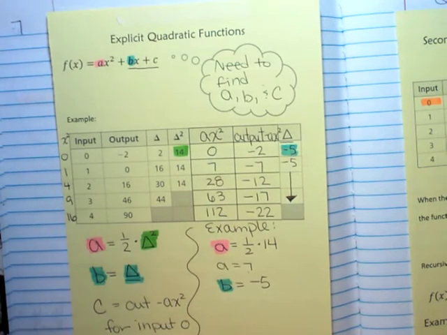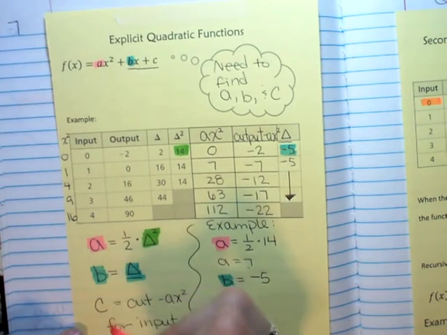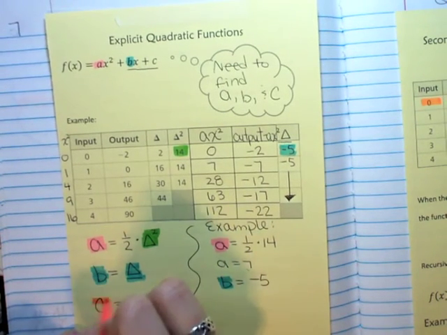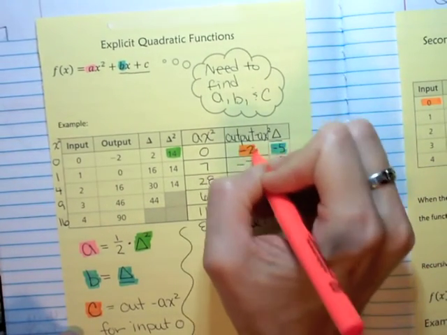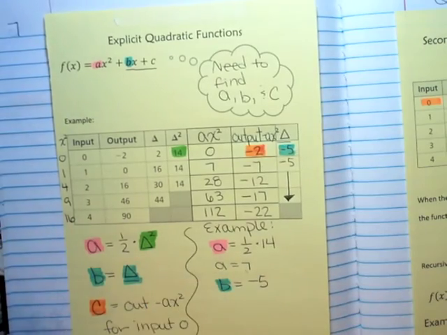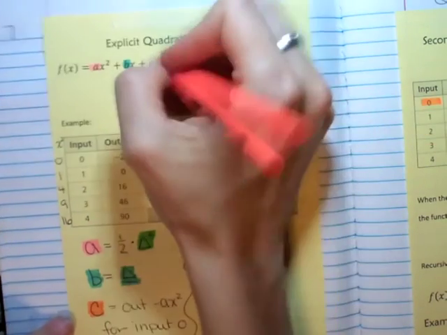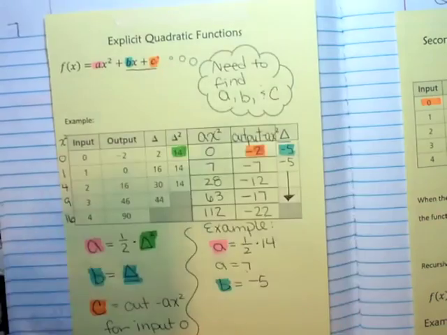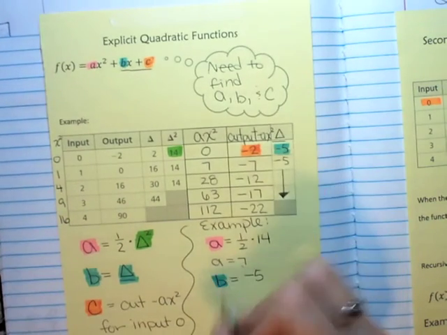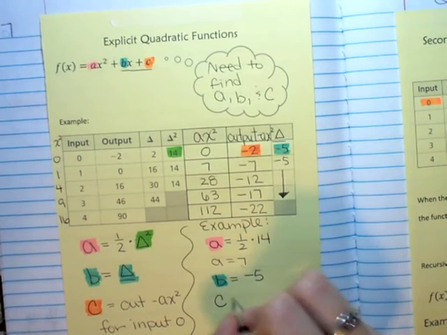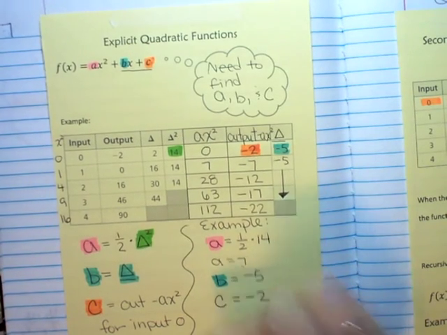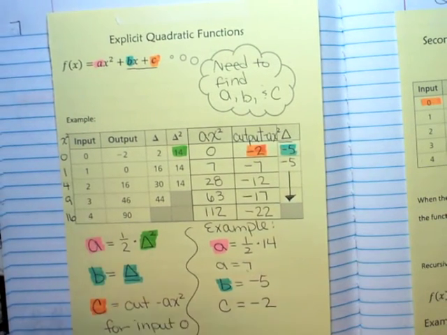Okay, and so I am going to highlight that, and we're going to highlight the -2 because in our example it's going to be -2, and we're going to highlight our c up in our function. So in our example, we found that c was equal to -2.